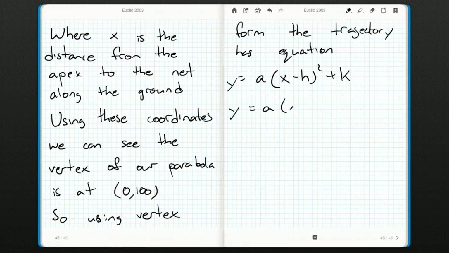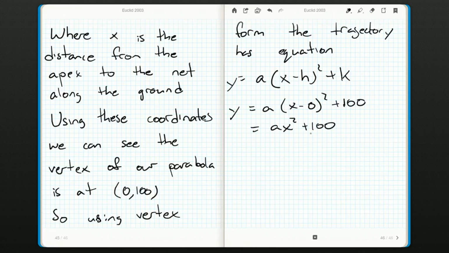We don't know what a is yet, but a(x minus 0) squared plus 100. And so we can simplify that to just ax squared plus 100.